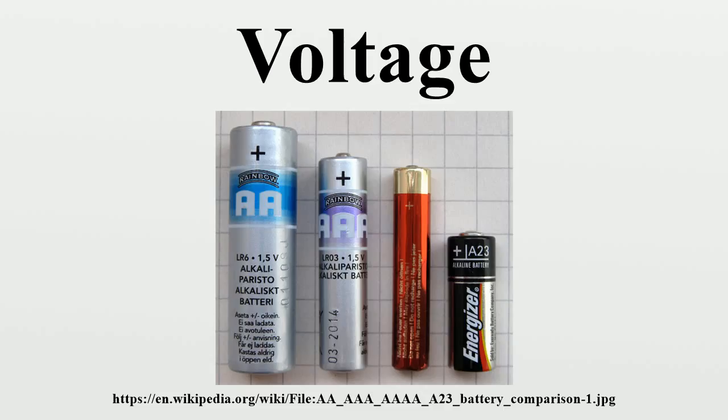Typical voltages. A common voltage for flashlight batteries is 1.5 volts. A common voltage for automobile batteries is 12 volts. Common voltages supplied by power companies to consumers are 110 to 120 volts and 220 to 240 volts.